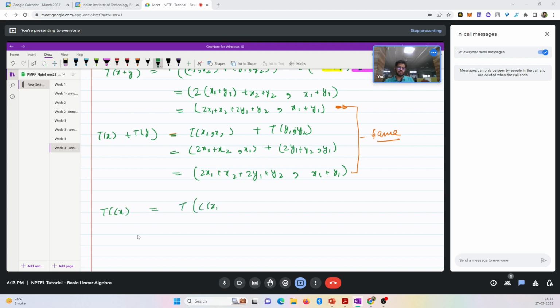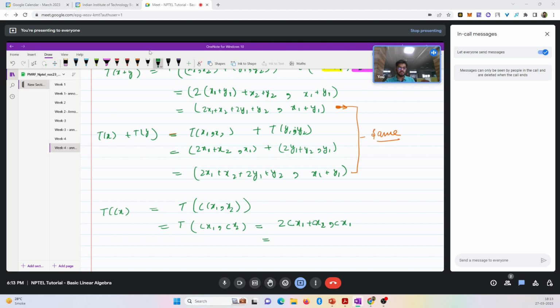T of c times x1, x2, which is T of cx1, cx2. This is 2cx1 plus cx2, comma cx1.